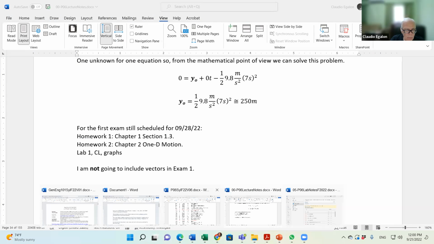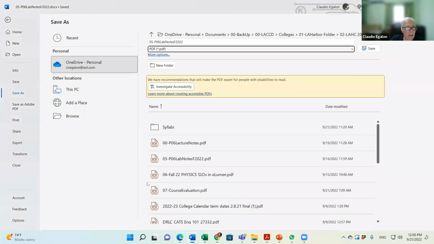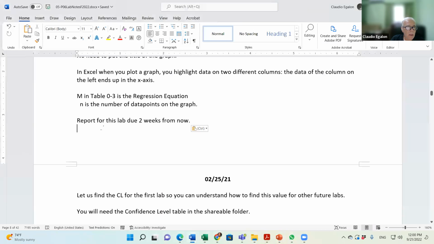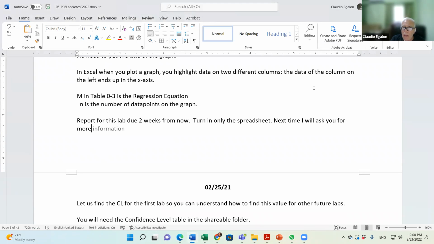let's see, lab notes. Where's lab notes? Okay. Turning in only the spreadsheet. Next time, I will ask you for more. Okay. Nothing is due today until two weeks. That's right.